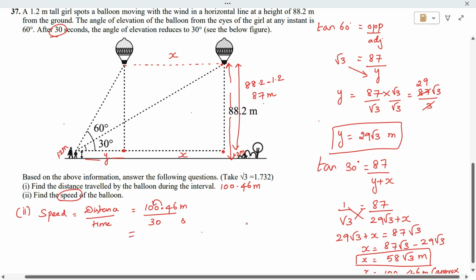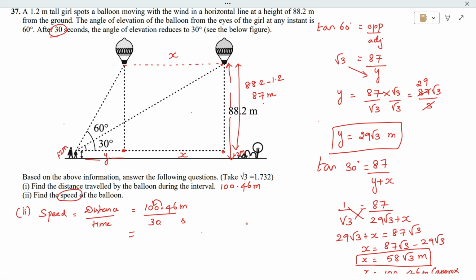So it is 3 times 10 in the denominator. So for 100.46, one digit before the decimal moves. So it is 10.046 divided by 3 meter per second. That is going to be 3.348 meter per second. If I round off to two decimal digits, it is going to be 3.35 meter per second approximately. So this is your second answer.